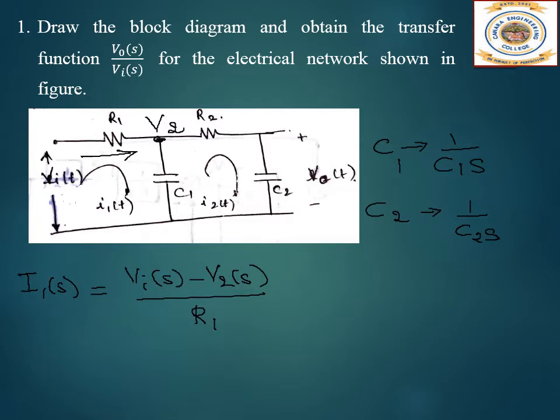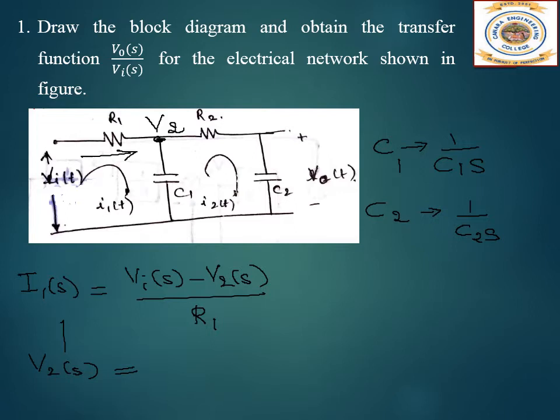Next we will write for this node voltage V2 of S. What is V2 of S? It is the drop across this capacitor C1. So we have to see how many currents are flowing in the capacitor.